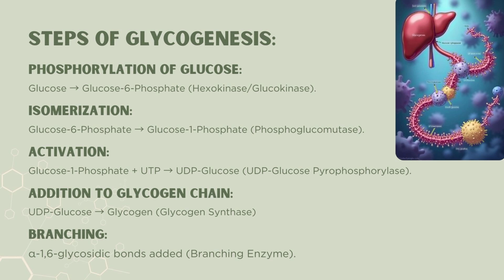Addition to glycogen chain. Glycogen synthase adds glucose from UDP-glucose to the existing glycogen chain, forming α-1,4 glycosidic bonds. Branching of glycogen. The branching enzyme introduces α-1,6 glycosidic bonds to create branches in the glycogen molecule, increasing solubility and accessibility.